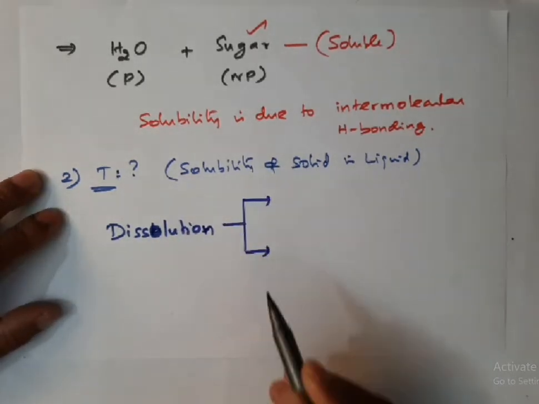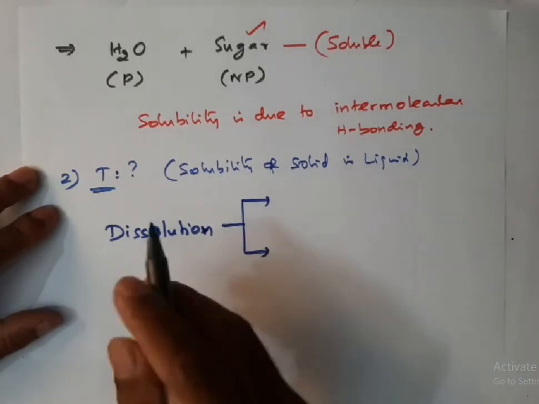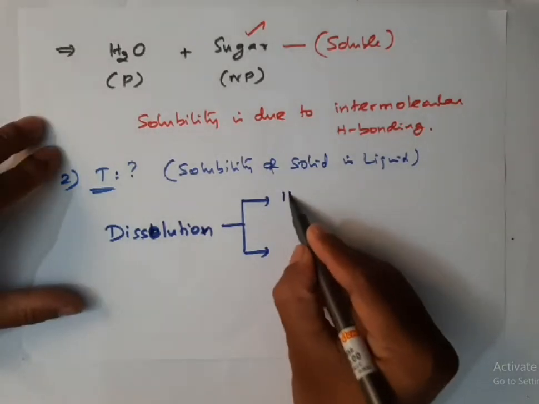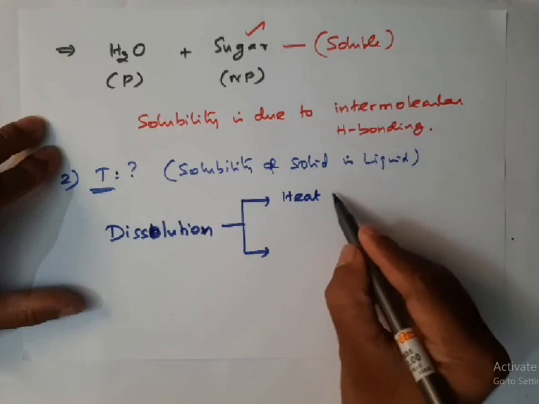heat may be released or heat may be absorbed. When you dissolve any substance in water, I'm taking water as an example of a solvent, you put some substance in water. If the substance dissolves, heat may be absorbed.